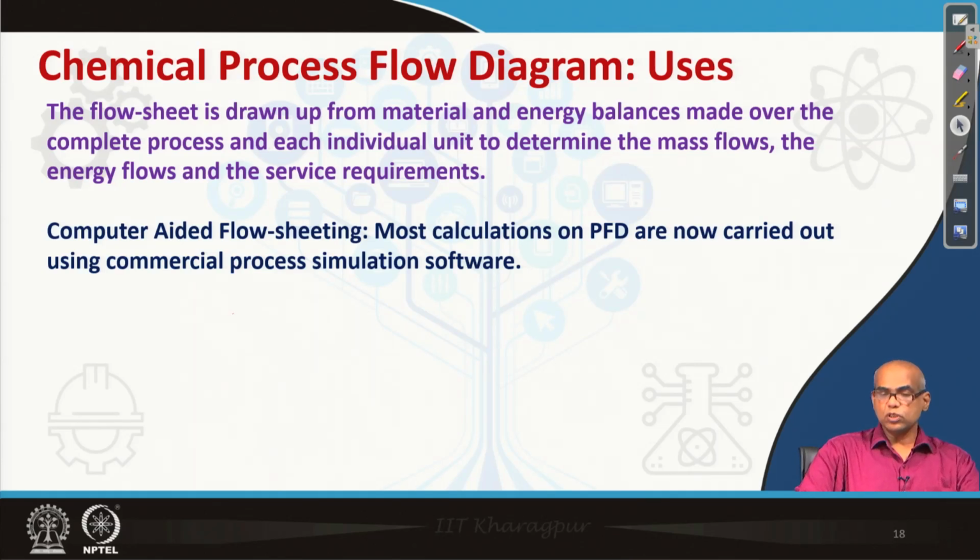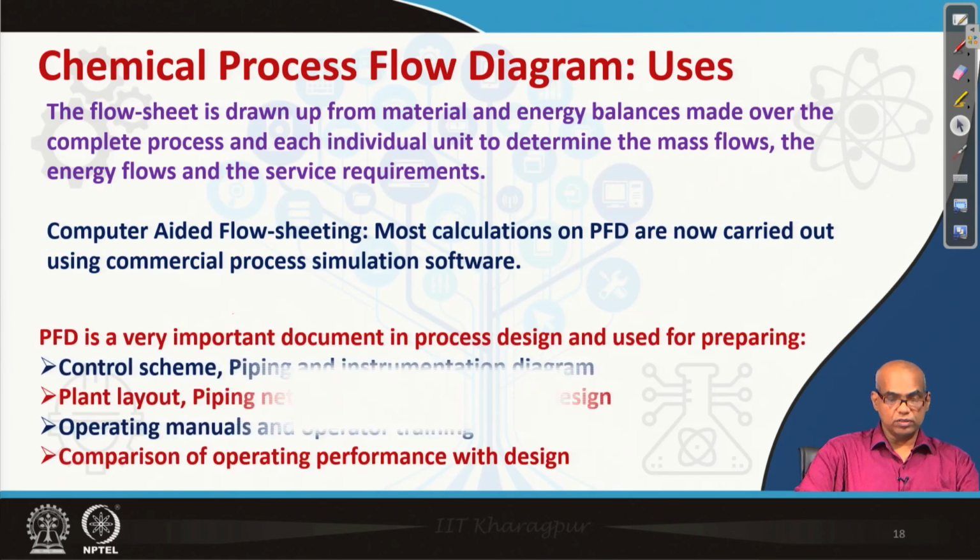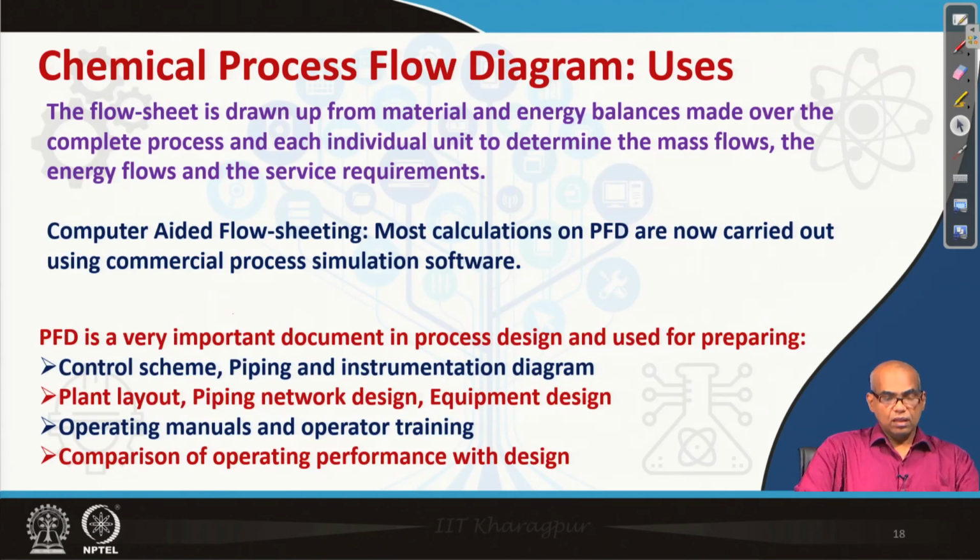Most calculations for process flow diagrams are now carried out using commercial process simulation software. The process flow diagram is a very important document in process design, and it is used for preparing the control scheme, piping and instrumentation diagram, plant layout, piping network design, equipment design, operating manuals and operator training, and comparison of operating performance with design.